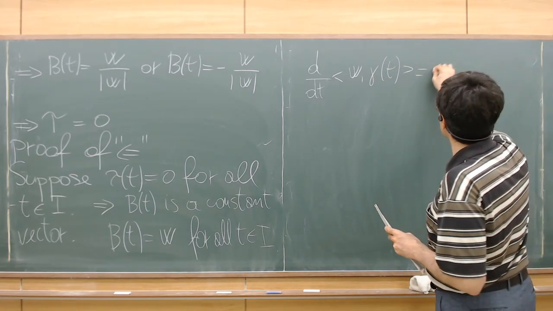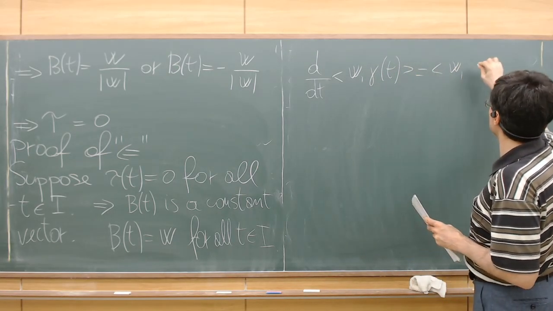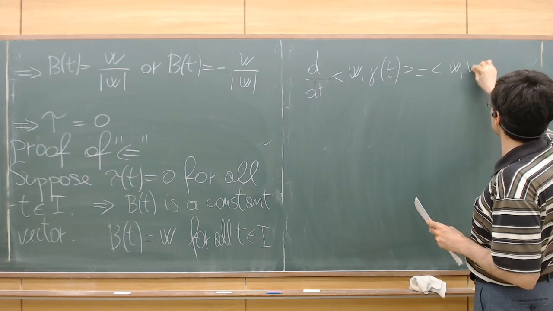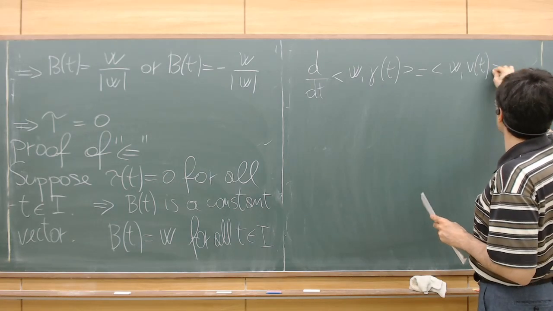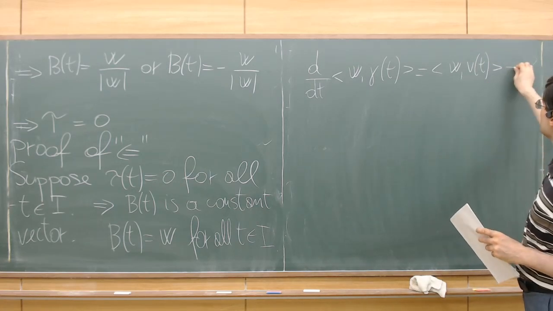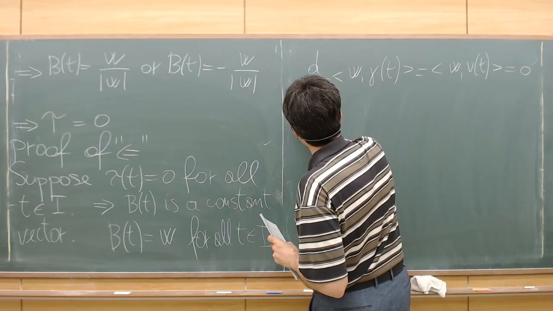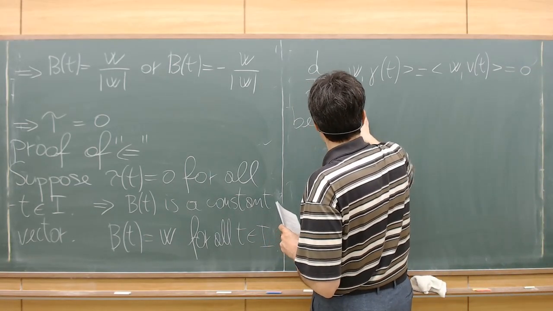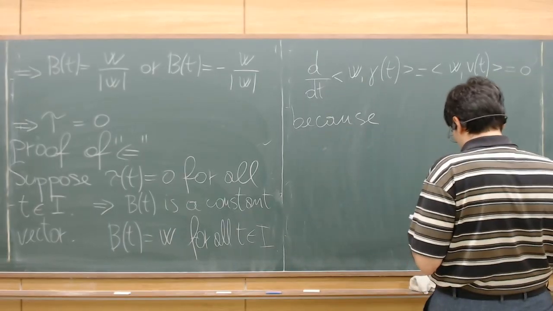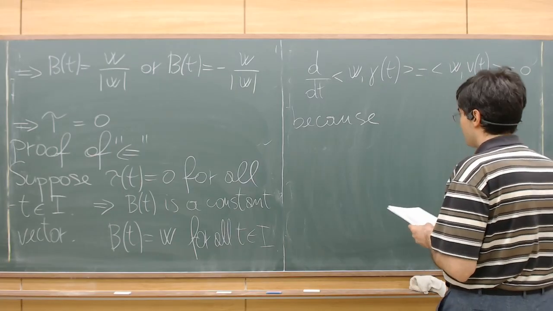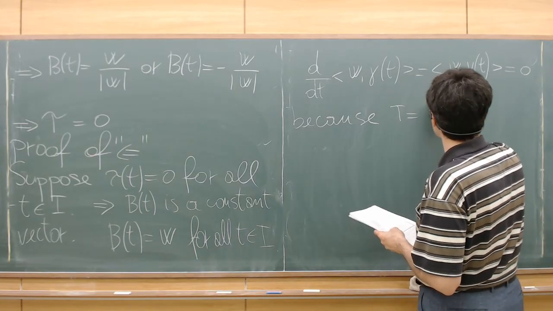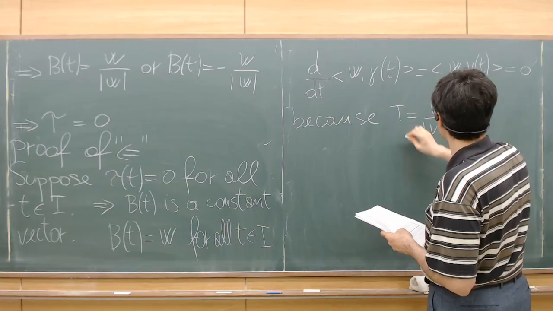This is w multiplied by gamma prime, that is V(t). And this is 0 because T equals V over length of V.